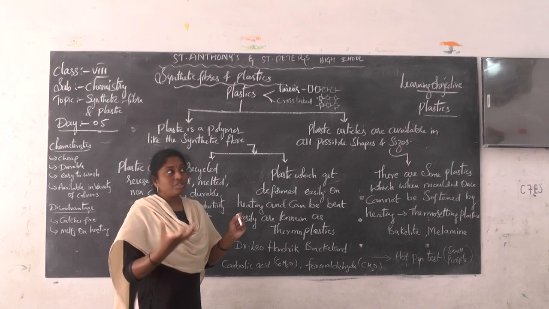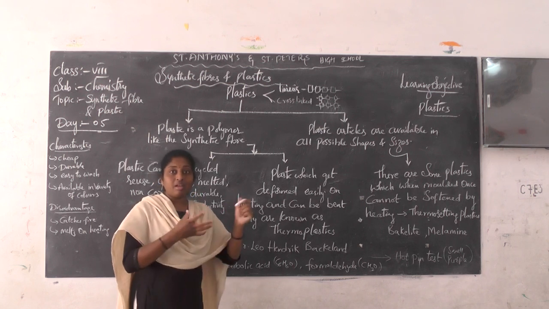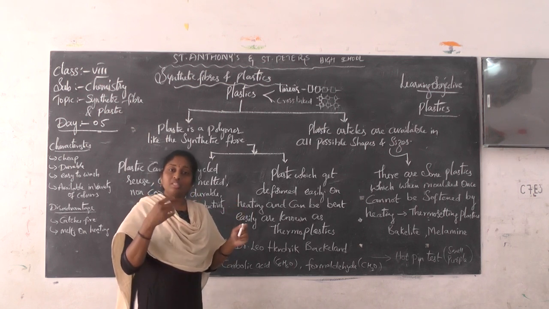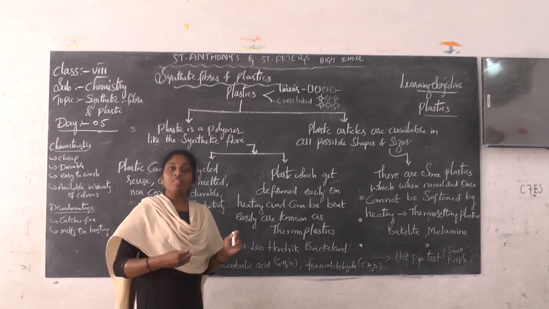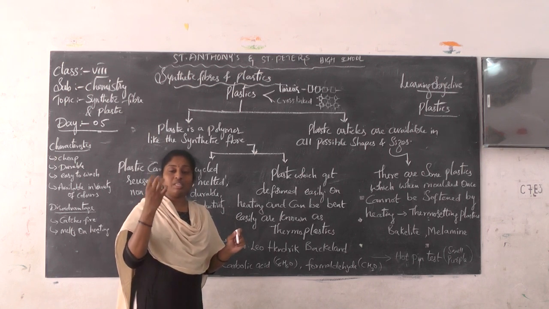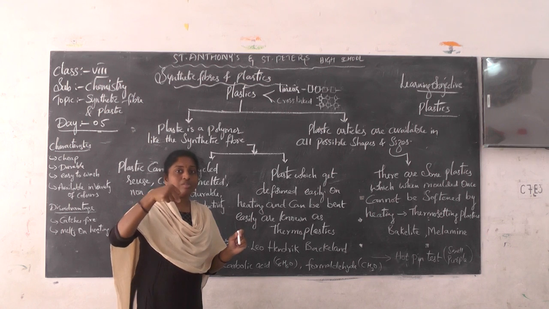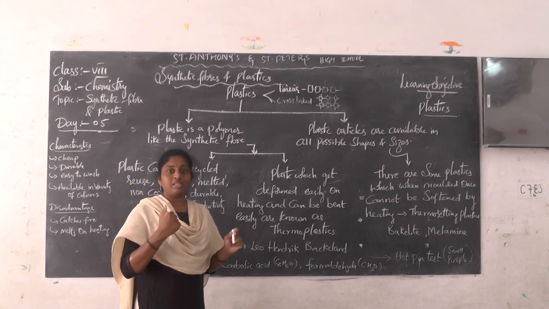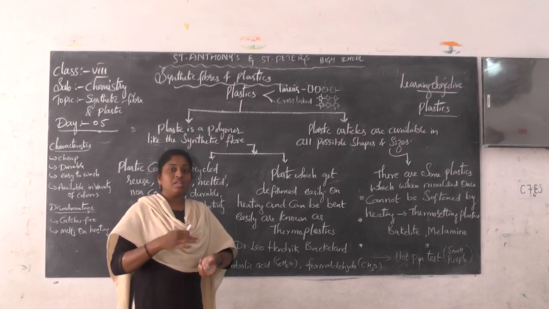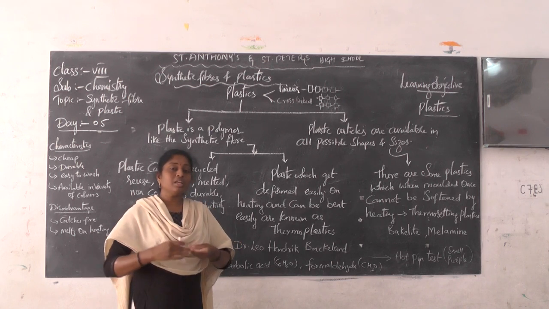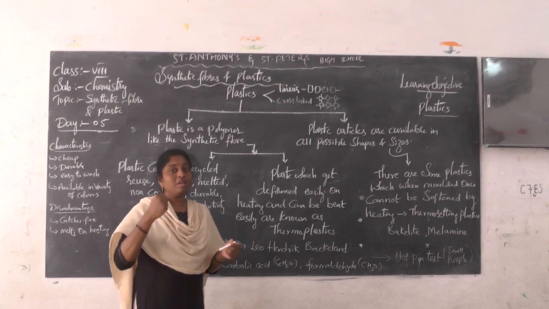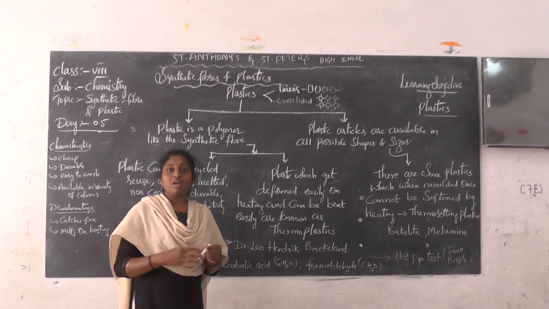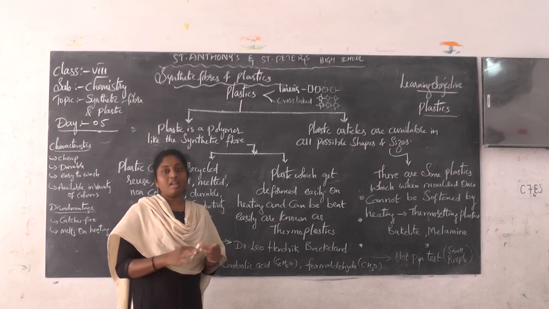Whenever the electrician is working with meters or any electric things, he uses many tools. If you see the cutting blade, the holding position is plastic. If you see the tester, the holding position is plastic. The holding positions of the equipment are plastic because plastics are poor conductors of heat and electricity.